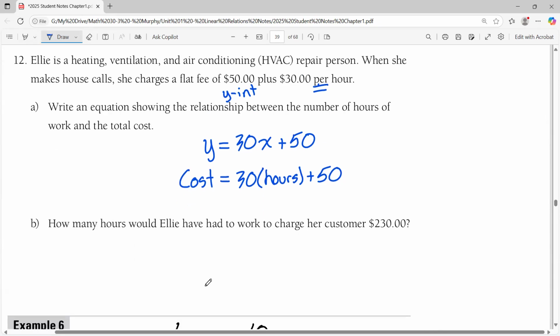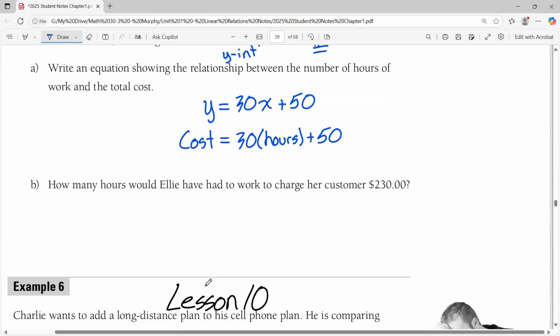Okay. B, how many hours would Ellie have to work to charge her customer $230? So, okay, so cost, charge, same thing. 230 equals 30 times your hours. You could put an x there if you want.